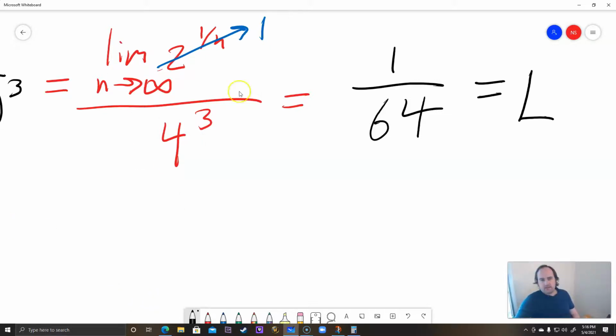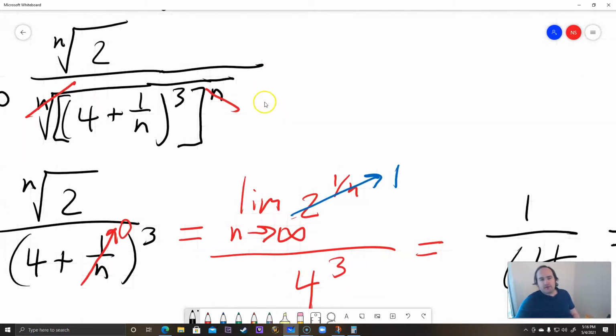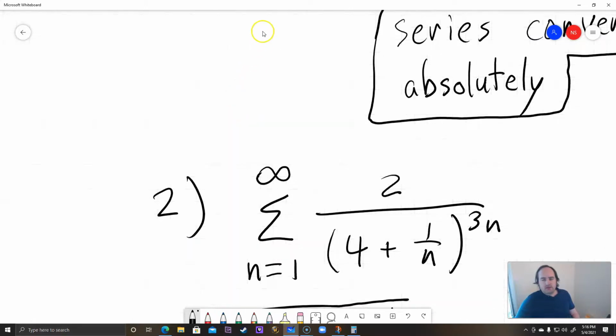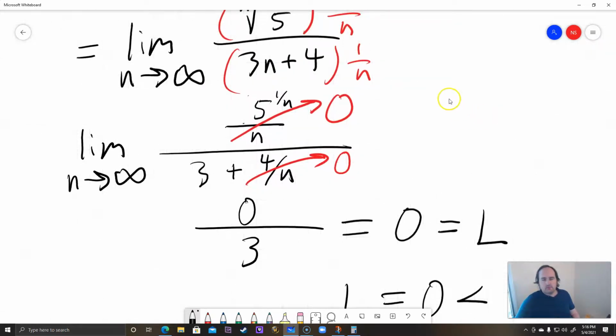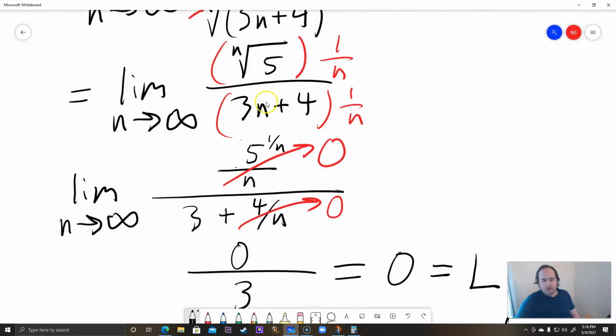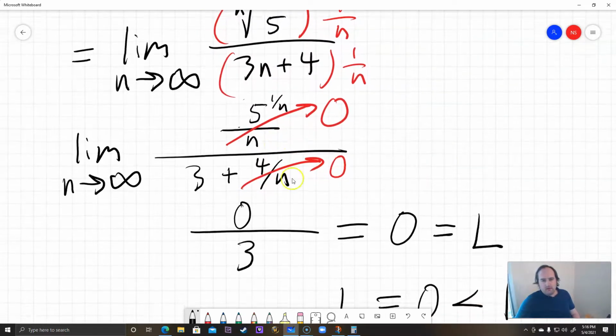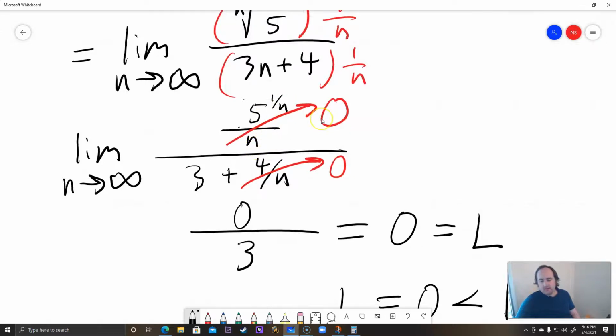And actually, since we looked up that limit here, there was another way we could have done the last problem, because you probably noticed that we had a similar expression in the numerator. So if I go back to the last problem, example number 1, way back here, when we divided 5 to the 1 over n by n, and I said that went to 0, one of the reasons that goes to 0, to write it out more specifically, is because the numerator, the 5 to the 1 over n, is also going to 1, just like on the problem that we were looking at.